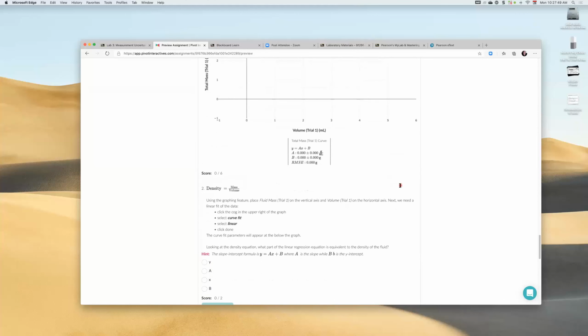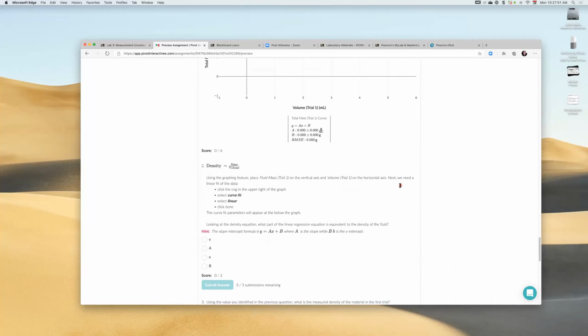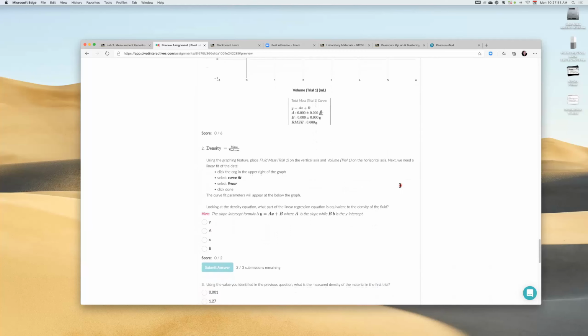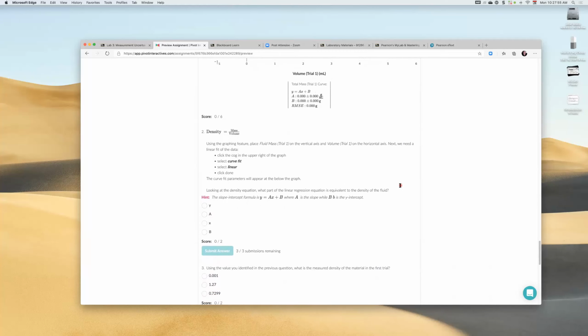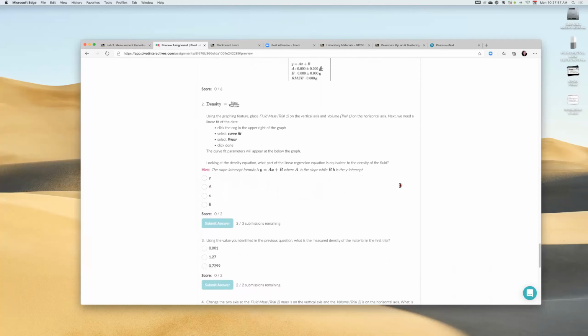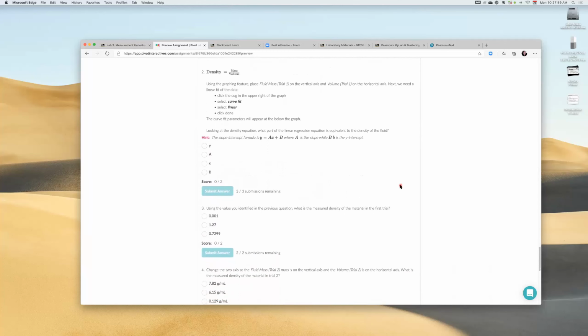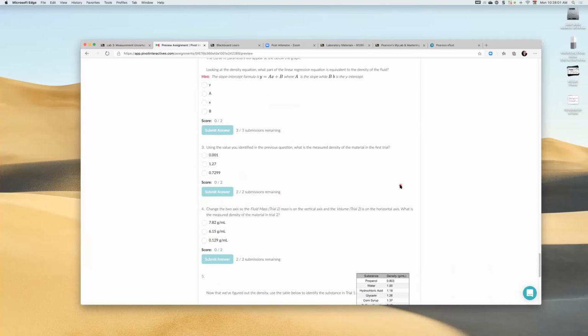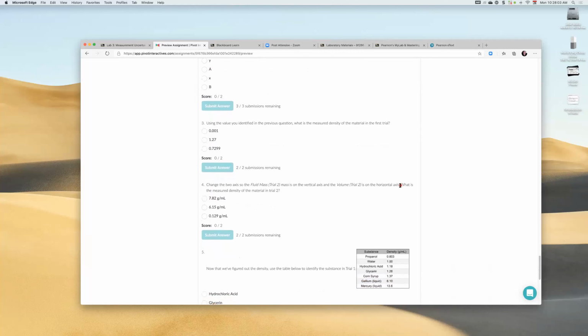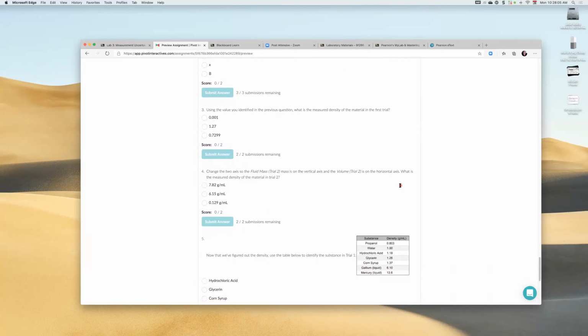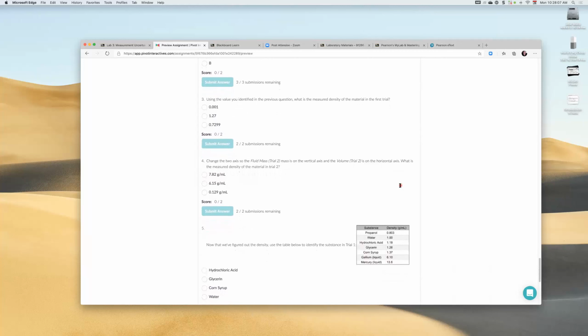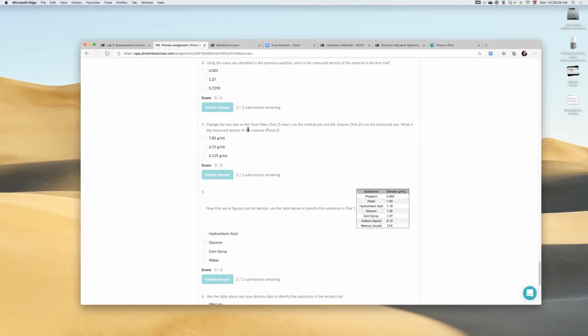And then using the graphing feature, change the 2 axes so the fluid mass trial 2 mass is on the vertical axis.